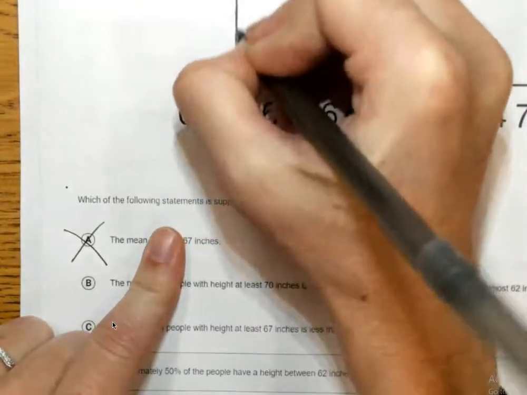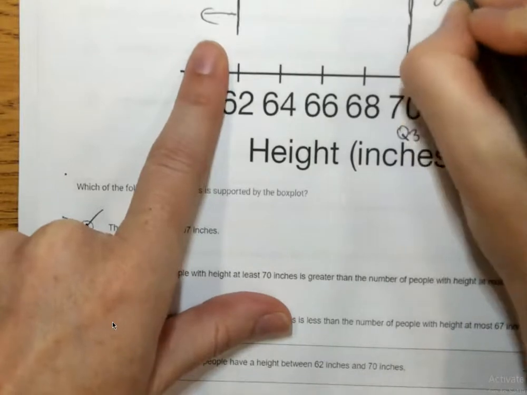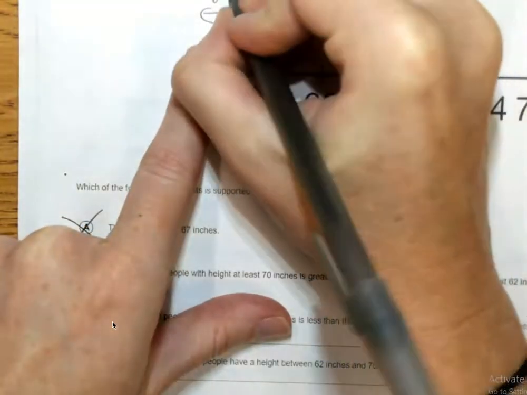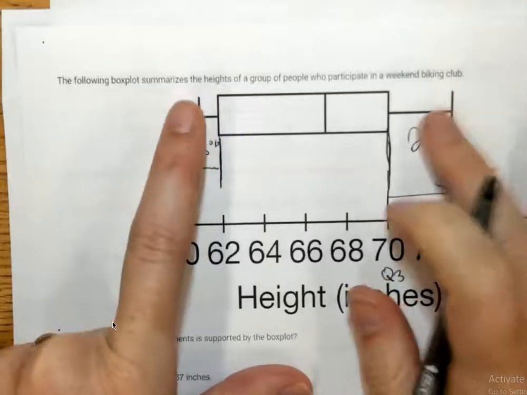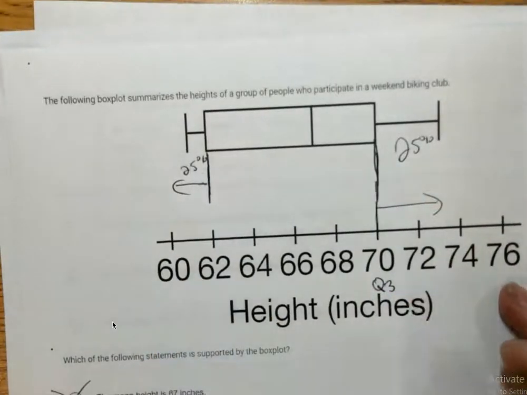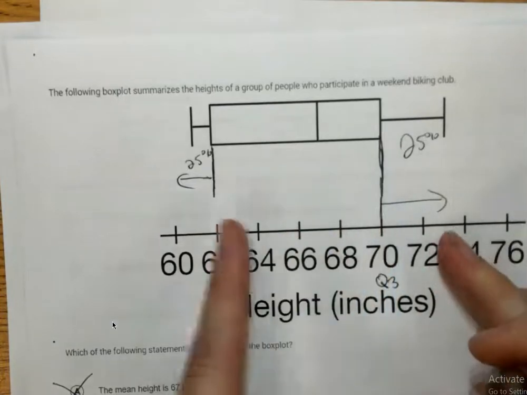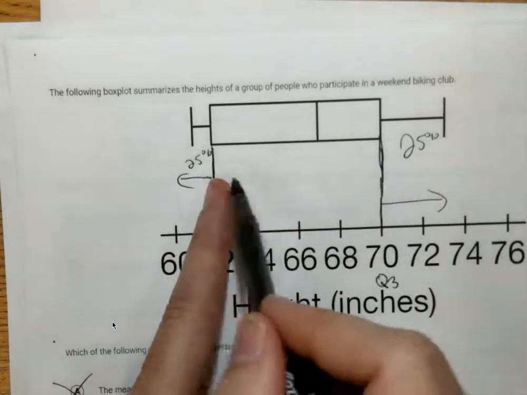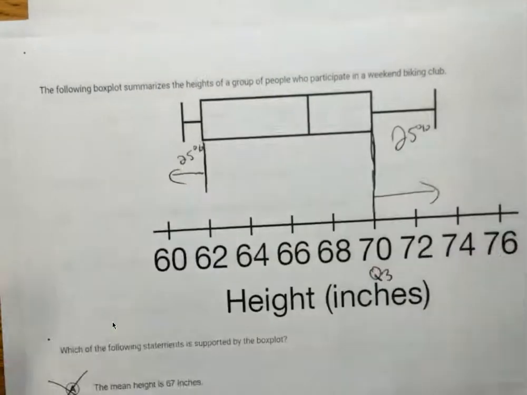At most 62 would be below. Remember, this is 25% and this is 25%. So they're exactly equal. It's this whisker and this whisker. People who have at least 70 or above are 25% of the data. At most 62, meaning 62 or below, is also 25% of the data. So they're exactly the same.